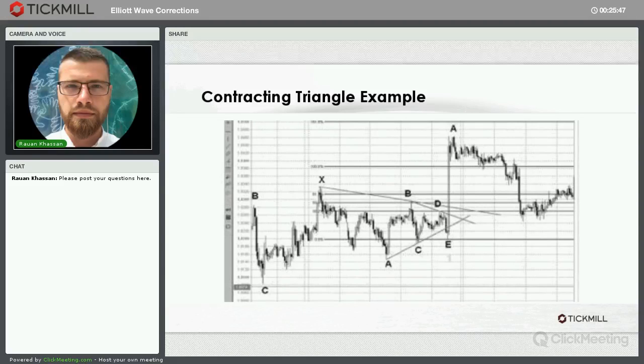So the first line is 0B, and it provides a dynamic resistance at certain points. The AC line, which is the second one, gives in return a dynamic support level.